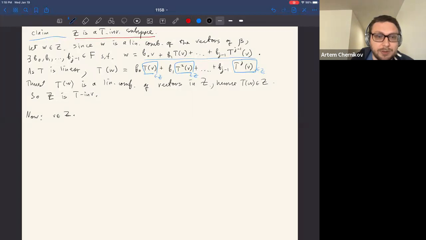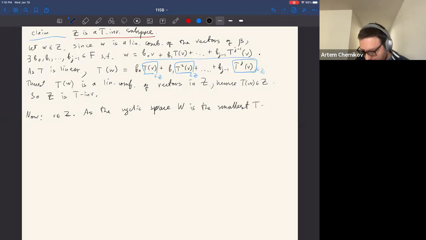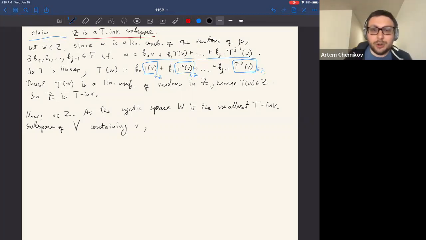Which is by definition of Z. And remember that the cyclic space W is the smallest T-invariant subspace of the whole vector space V containing this vector, so containing little v. It follows that W is a subset of Z, right? Okay, so this gives us one inclusion.